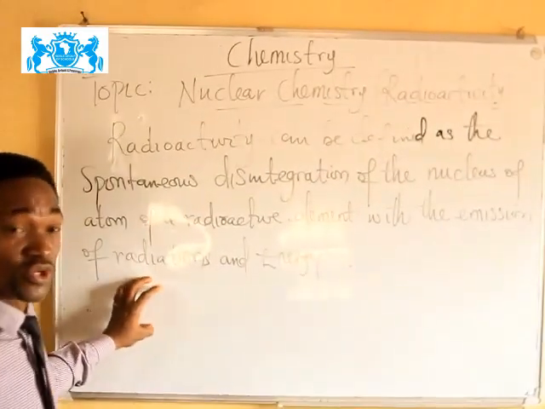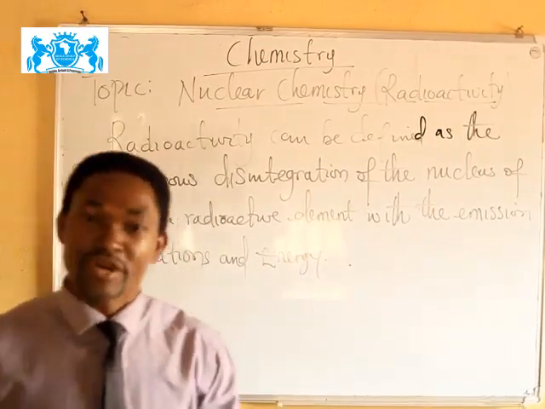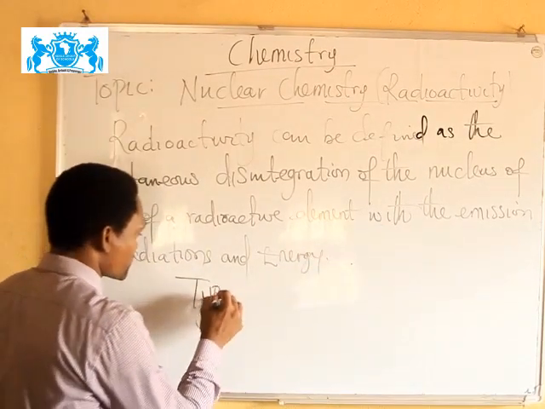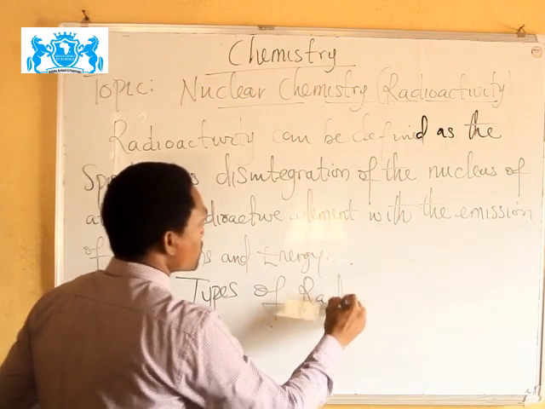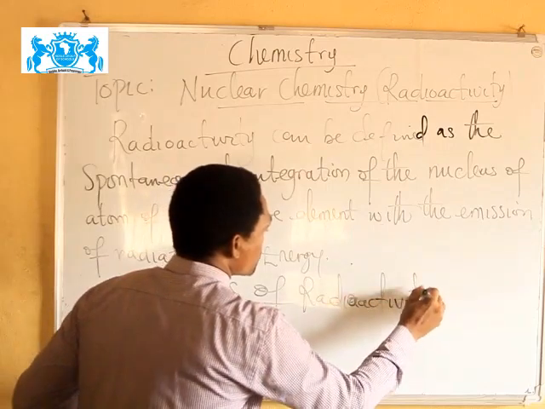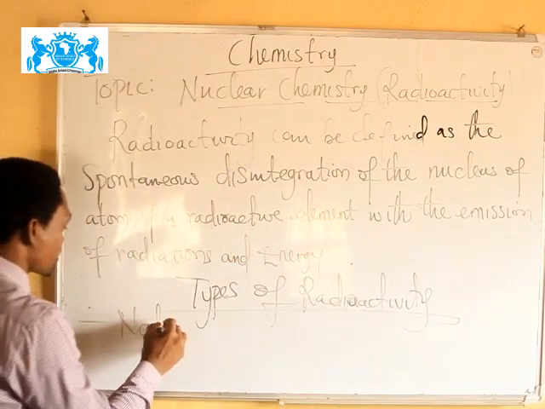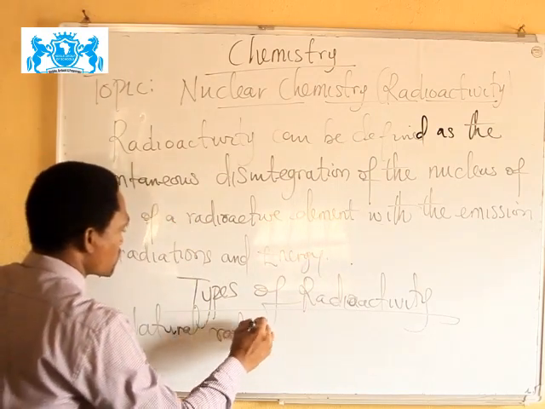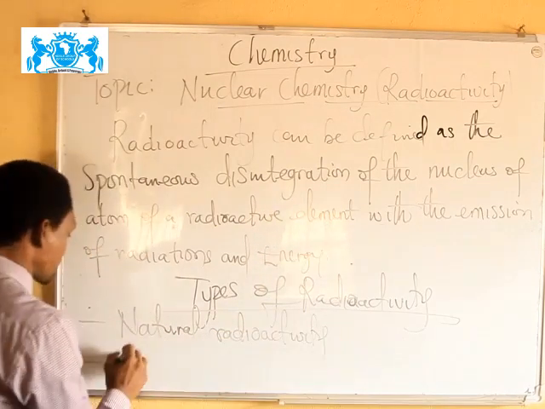And that will lead us to talking about types of radioactivity. There are two types of radioactivity. We have one, natural radioactivity, and artificial.